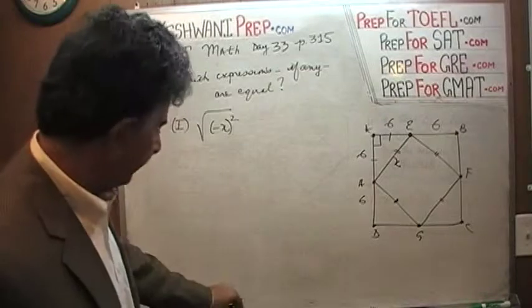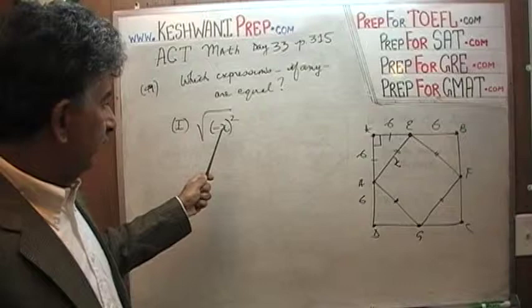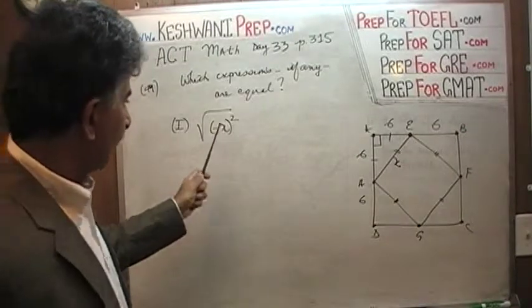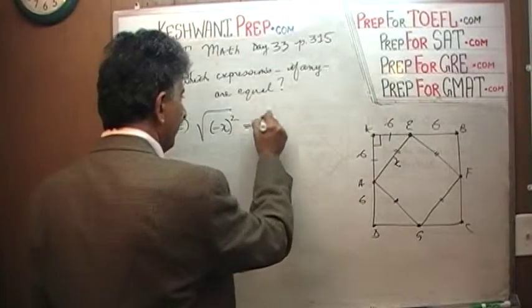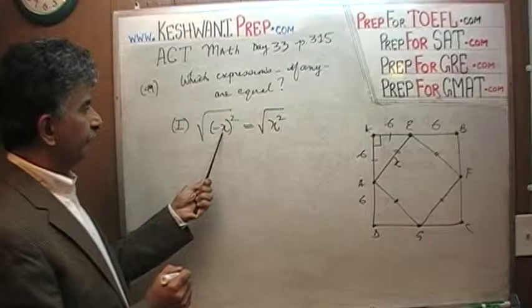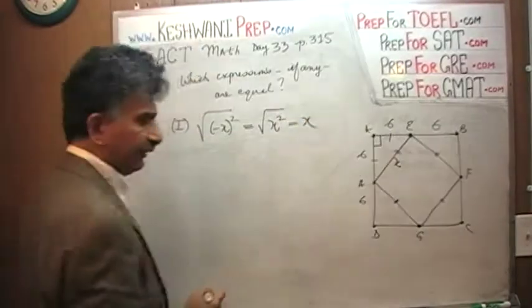What we need to understand is that when we have a negative quantity and we square it, negative x times negative x becomes positive x squared. So the square root of negative x squared is actually the same as the square root of x squared. These two quantities are the same, and therefore it equals x.